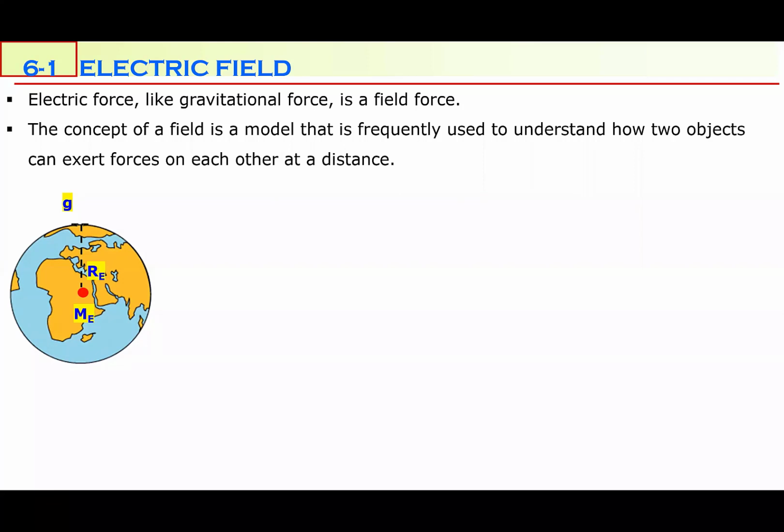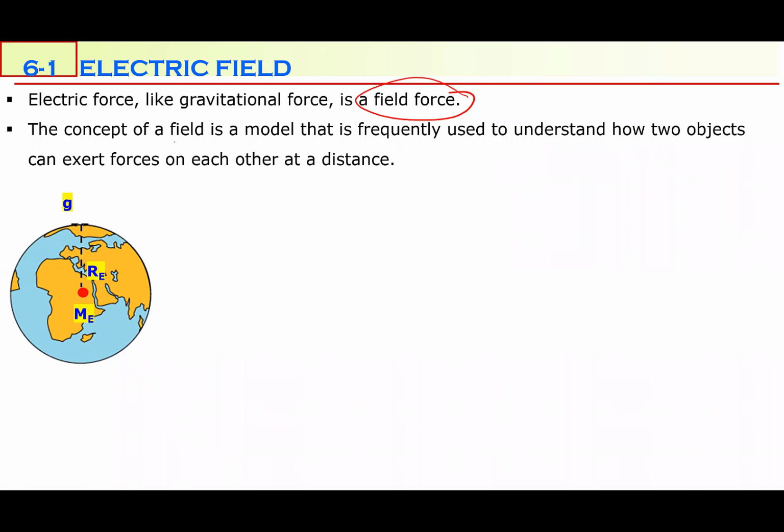Remember, gravitational force is a field force because objects don't get into contact with each other from a long distance. They can still attract one another, like the sun attracts the earth, earth attracts the moon. There is no contact between them. That's why they are non-contact forces, which is called field force. Gravitational force is a field force, a non-contact force. Electric force is also a field force, which is a non-contact force.